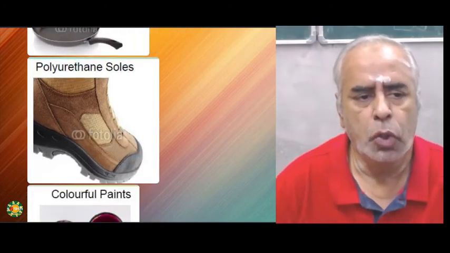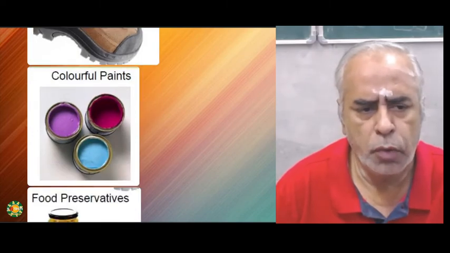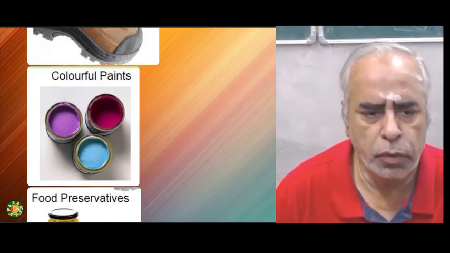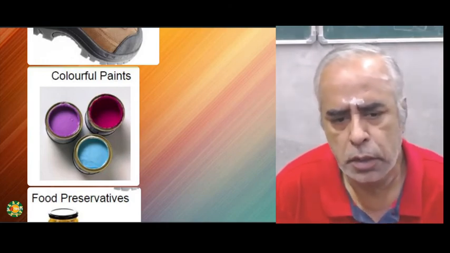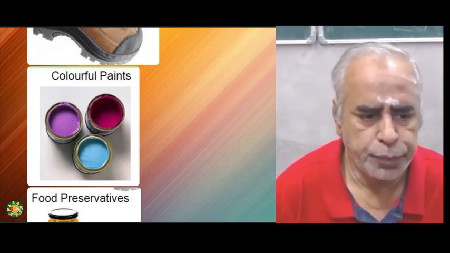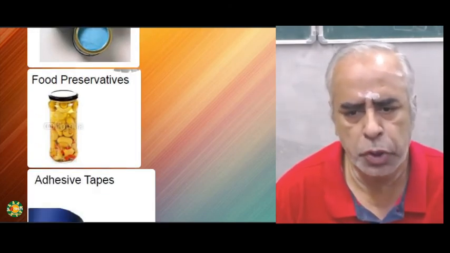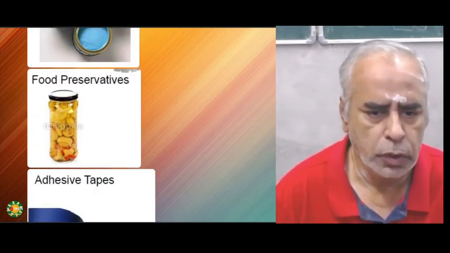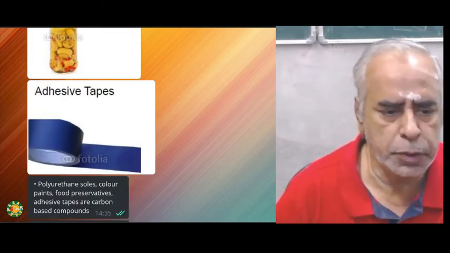Similarly, you have got polyurethane soles for shoes, and we have wonderful and colorful paints on metals and civil structures. Then we have got a lot of food preservatives also based on organic chemistry. And you are very familiar with adhesive tapes.